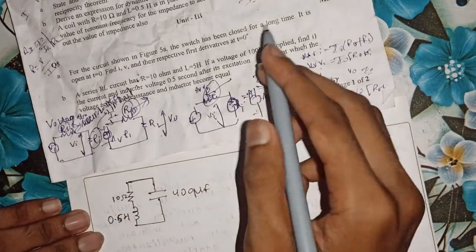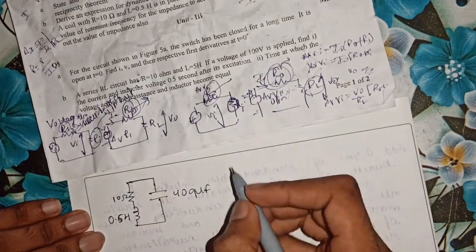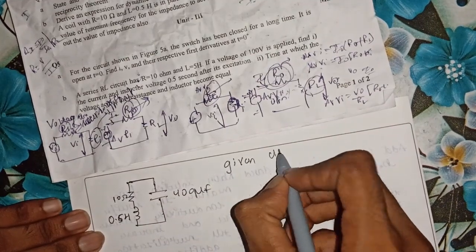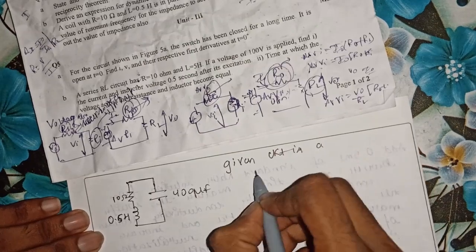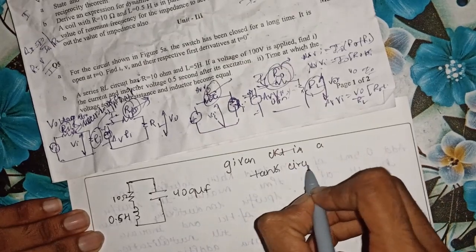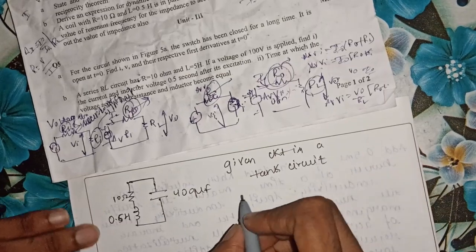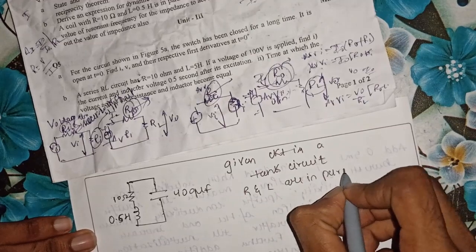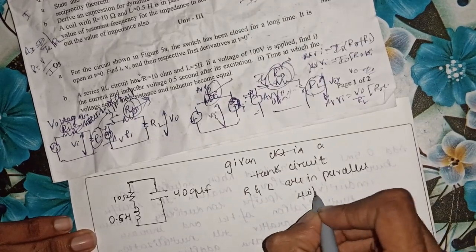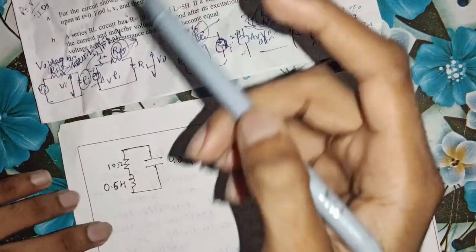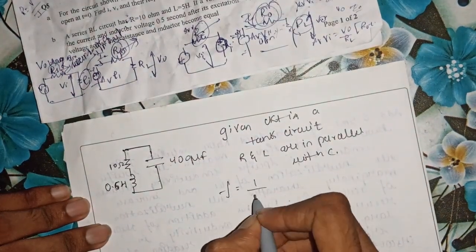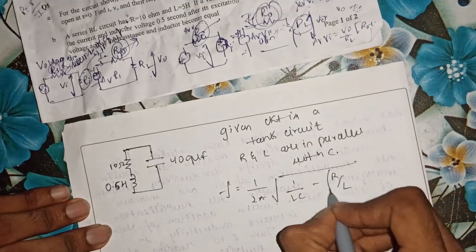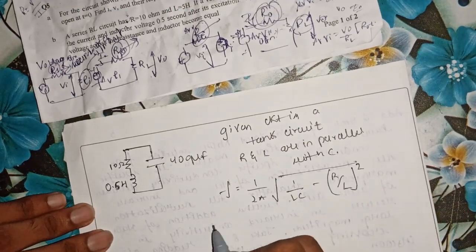So I have to calculate the resonant frequency of the given network. Since the given network is a tank circuit, where R and L are in parallel with capacitance C, the frequency is given by the formula 1 by 2 pi root of 1 over LC minus (R divided by L) whole square.